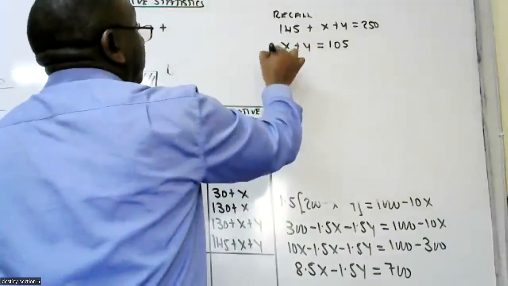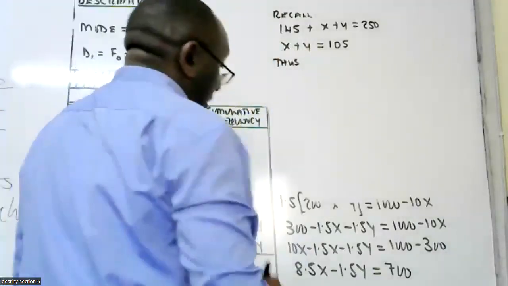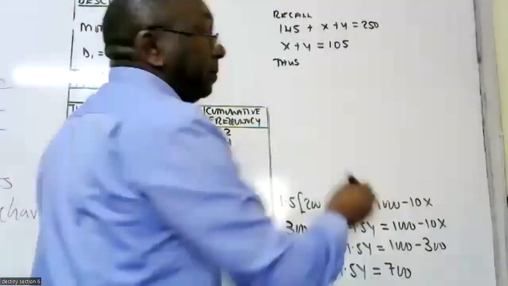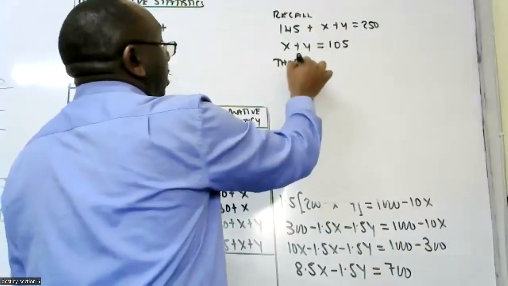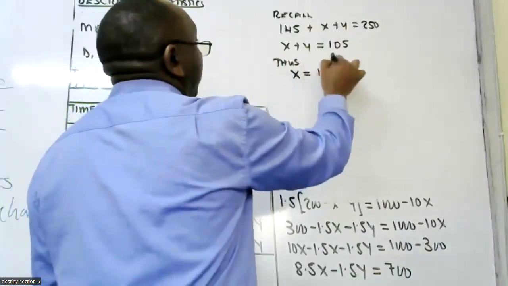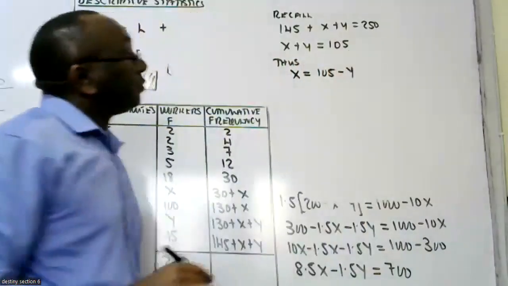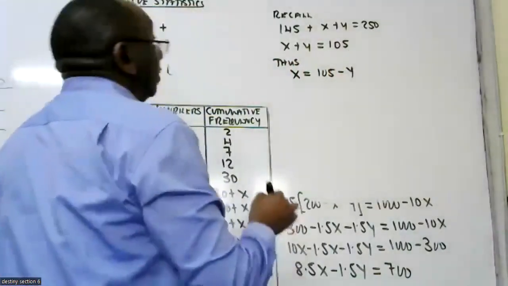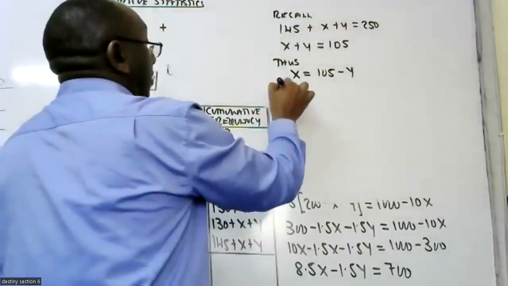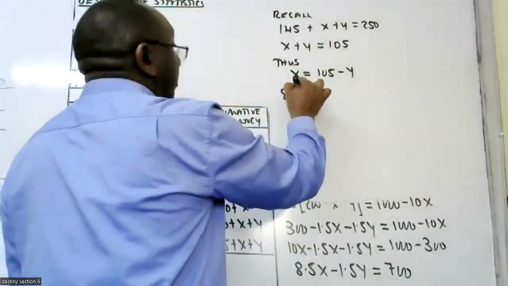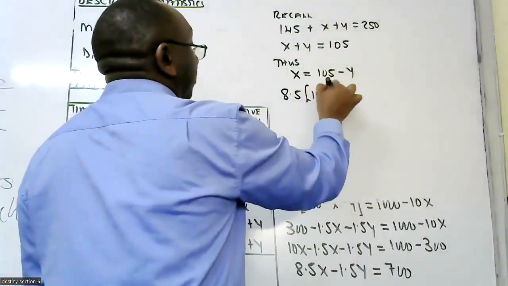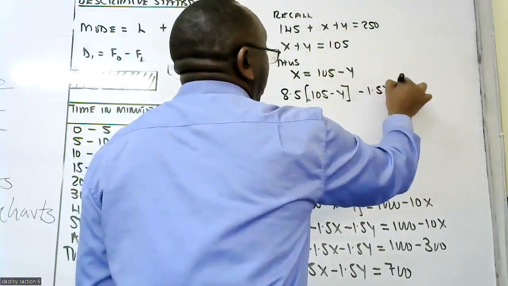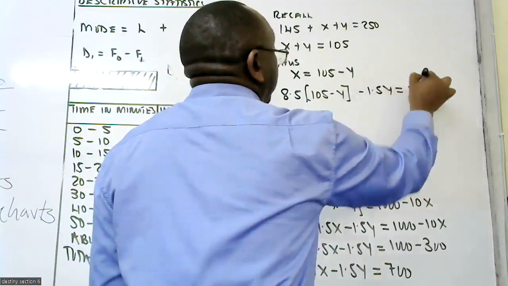And thus, if I use the method of substitution, I'll say x is 105 minus y. X is 105 minus y. So now I come here and say 8.5 times 105 minus y minus 1.5y is equal to 700.